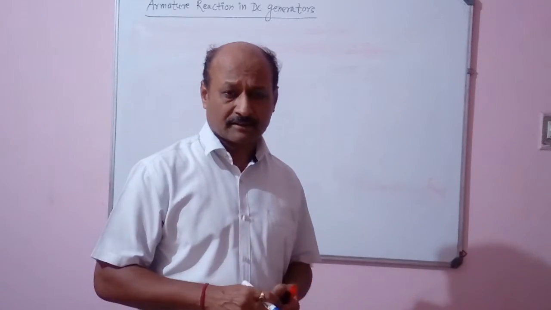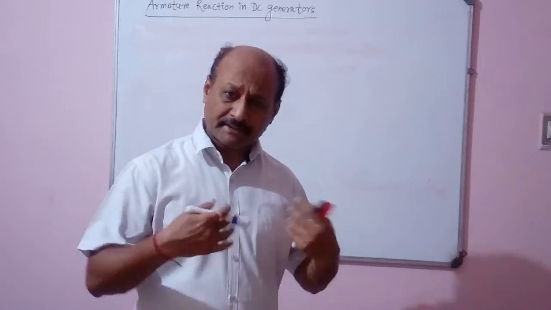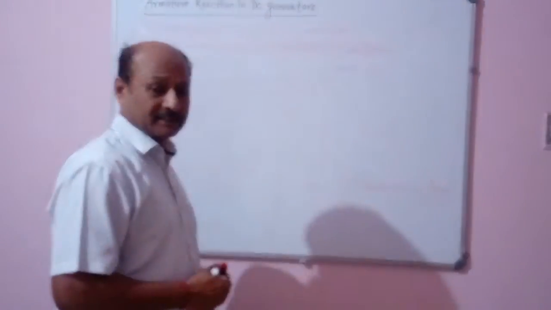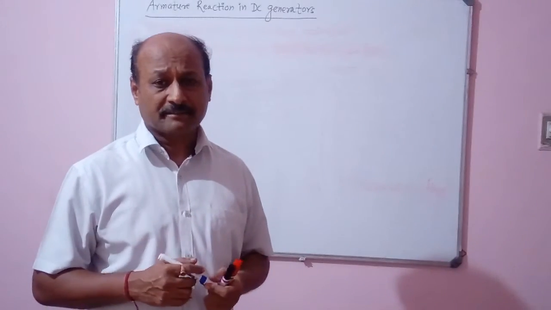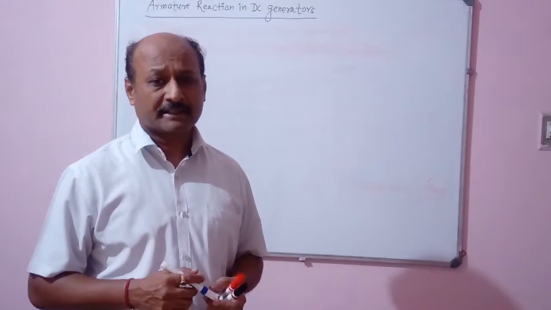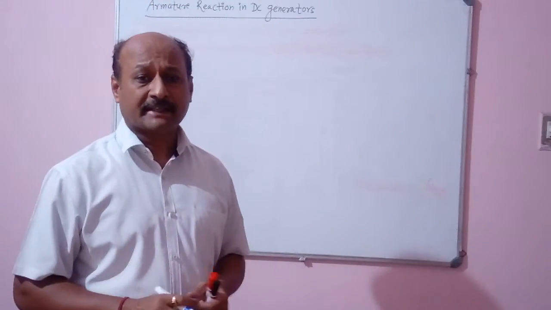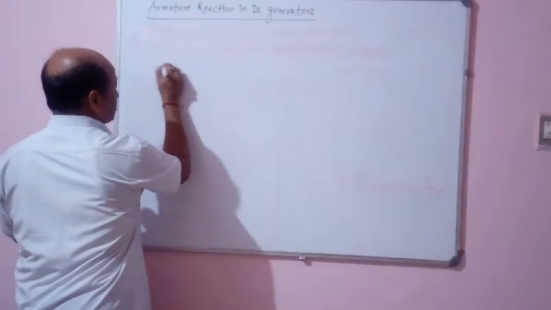So what does it mean? The main magnetic field and armature current are both present in the DC generator. Figure A shows only the magnetic field and figure B shows only the armature current. So if both act at a time, what should the diagram be?